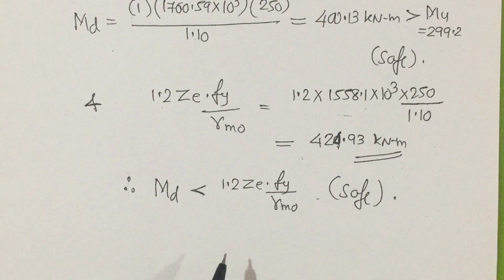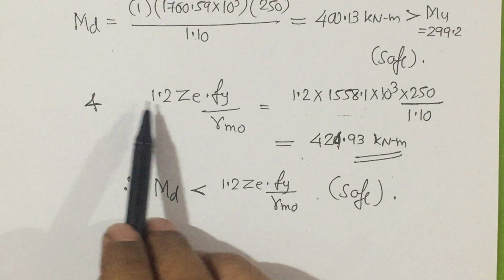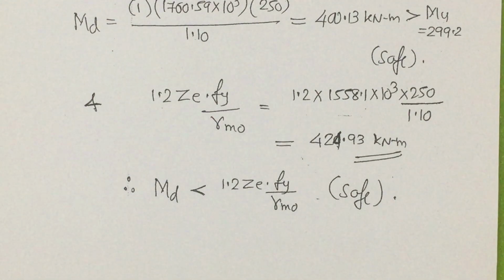Then, we need to check 1.2 Ze into Fy divided by gamma m naught.